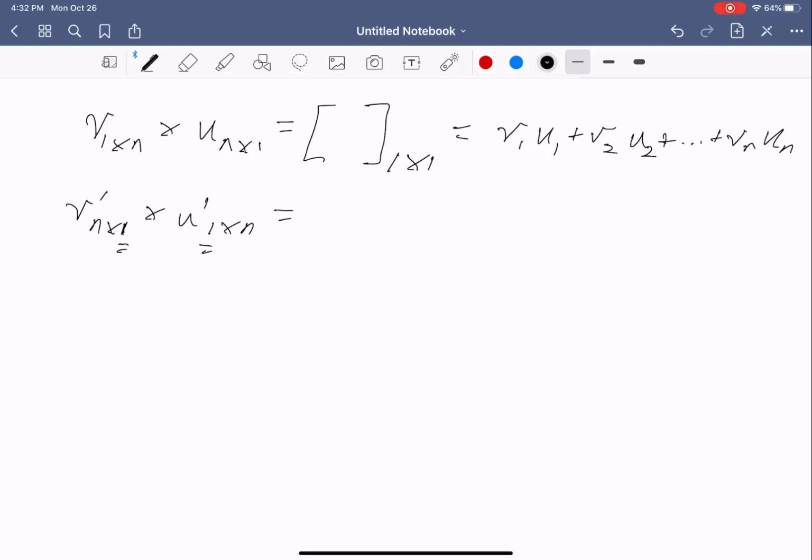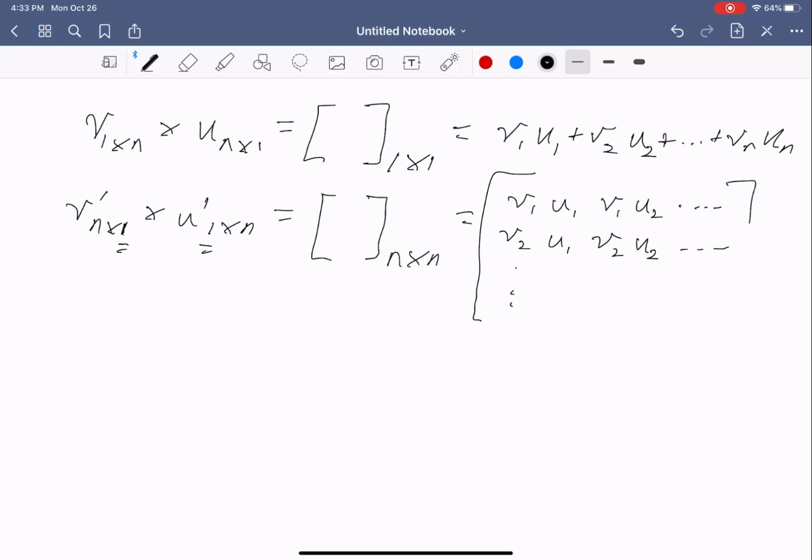So we're going to end up with an n by n matrix, and that's equal to v1u1, v1u2, and so on, v2u1, v2u2, and so on, and all the way down. And that's going to give us this n by n matrix. All right, so you've seen much of this before.